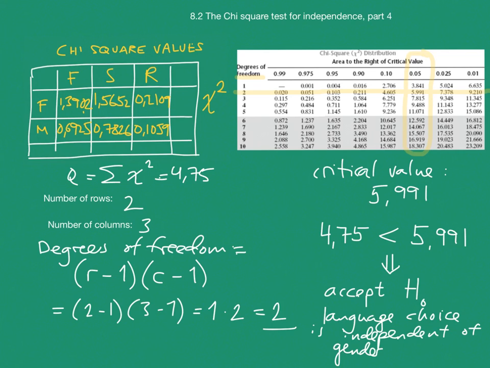So whether you're a man or a woman does not have a significant influence on the choice of language, or we cannot say that they are linked in any way. We don't have sufficient evidence.